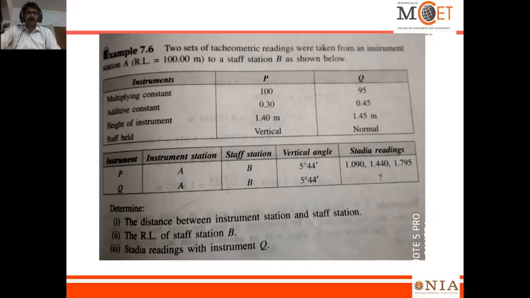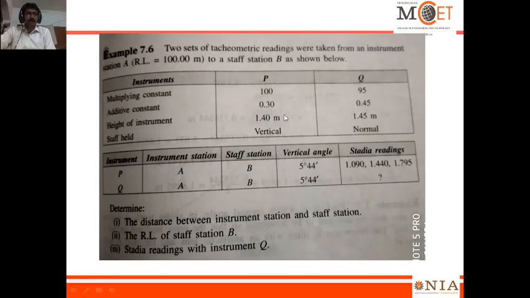Two sets of tacheometric readings were taken from an instrument station A, RL 100, to a staff station B as shown below. Two sets of readings were taken from P and Q. In the position of P, the multiplicative constant and the additive constant are 100 and 0.3, and in the position of Q they are 95 and 0.45.